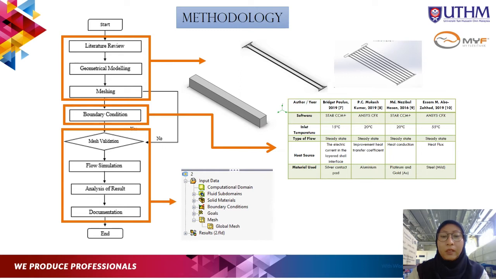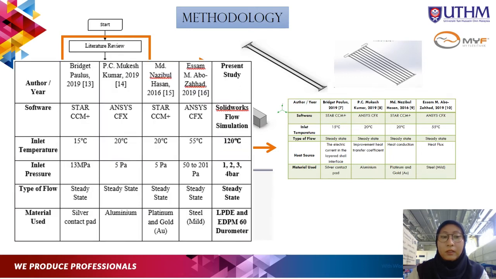And for the boundary condition, we present the study using the software SolidWorks Flow Simulation. The inlet temperature we use is 120 degrees Celsius. Inlet pressure we use 1 bar, 2 bar, 3 bar, and 4 bar.